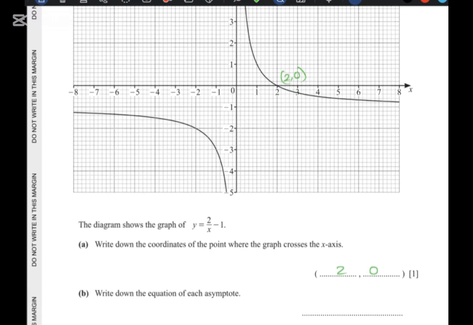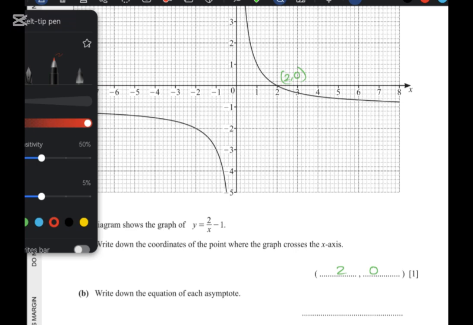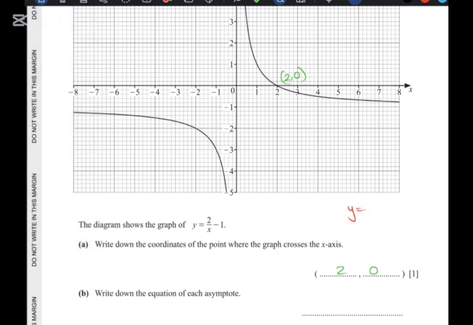B. Write down the equation of asymptote. Now for asymptotes, you need to know the general equation for the vertical and horizontal asymptote. The general equation, let me write: y is equal to a by x minus h plus k.